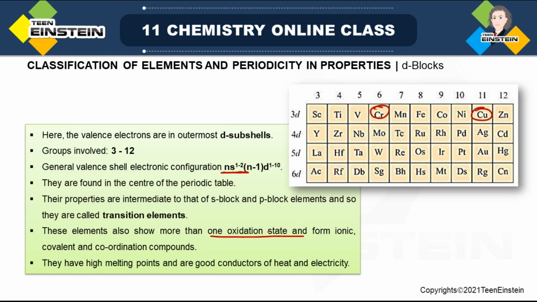But in this case, because of this variety of oxidation states, the chemistry is comparatively more complex. And they form ionic compounds, covalent compounds, as well as coordination compounds. We are not going into the details because they will be discussed in the respective units.